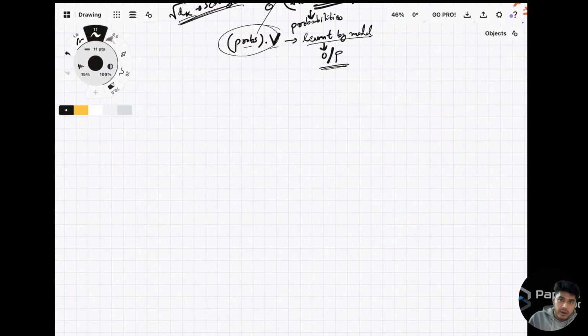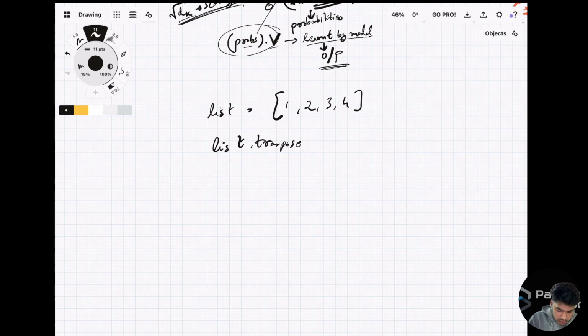Okay, let's try to understand what contiguous is. Let's say we have a list which is equal to 1, 2, 3, 4. Now let's say we do something like a list dot transpose. We end up with something like 1, 2, 3, and 4. The idea is that initially almost every variable is contiguous.